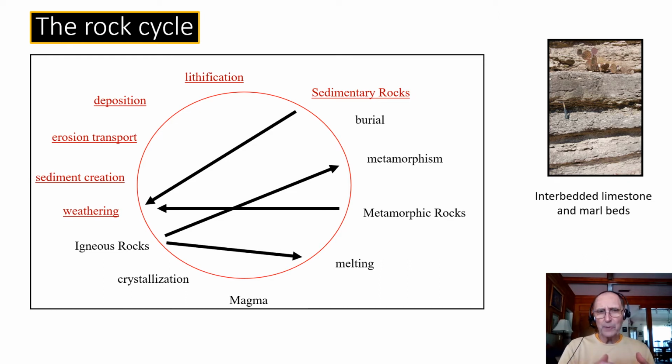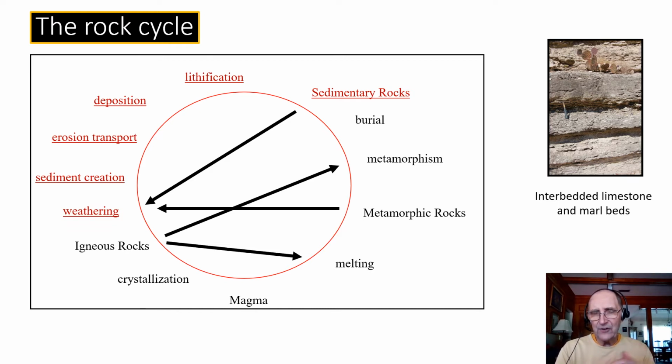The sediment is going to be eroded, which in essence means it is going to be transported from its place of origin to a resting place, because at some point in time the erosional agent is going to lose its energy and the sediment that it carries is going to be dropped, what we call deposition.